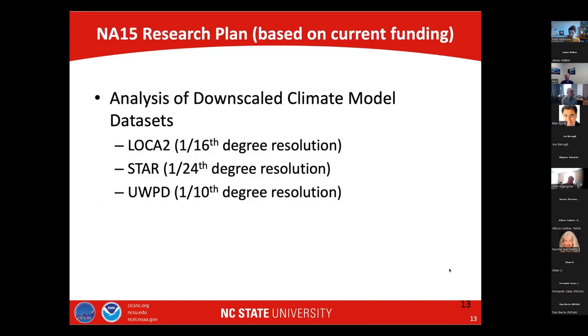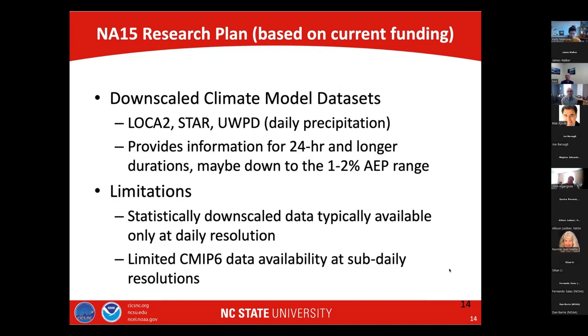As part of the research I'm doing, we are analyzing downscaled climate model data sets, particularly two that we used in the 5th National Climate Assessment, LOCA2 and STAR. And we also have a third one we're incorporating, which is the University of Wisconsin probabilistic downscaling data set. What's perhaps most relevant about this is that all these data sets provide daily precipitation.